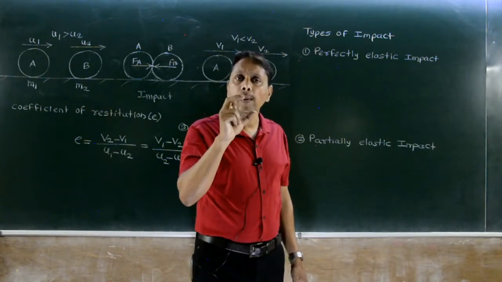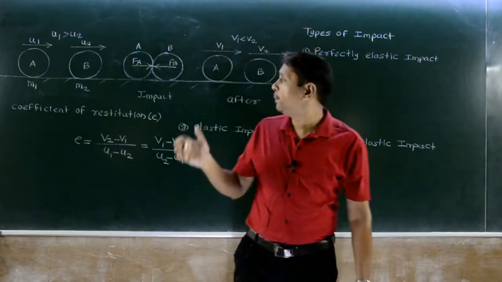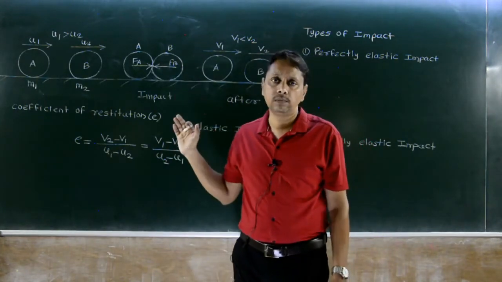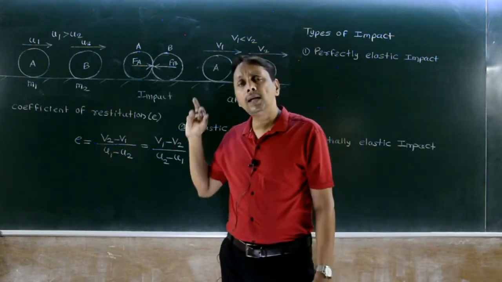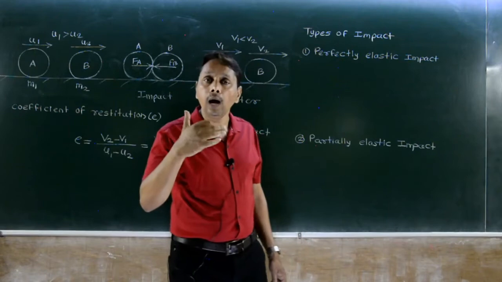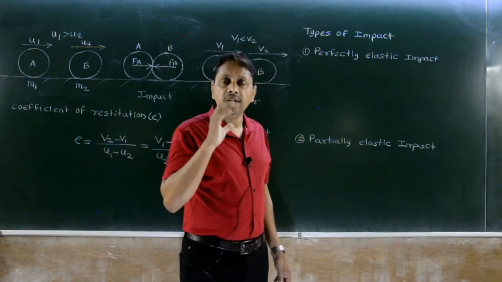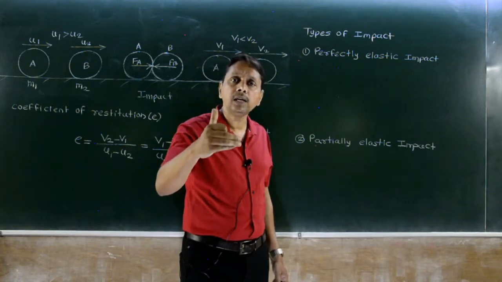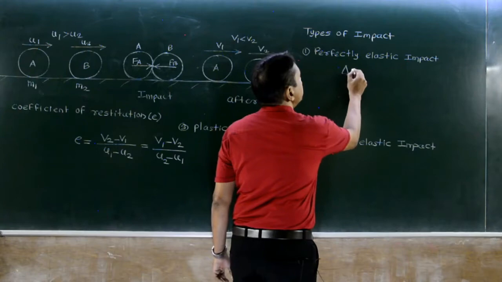During perfectly elastic impact, as we know that during impact the body undergoes deformation, but in perfectly elastic impact these bodies recover 100% from the deformation. Recovering 100% from deformation means there is no loss in kinetic energy.